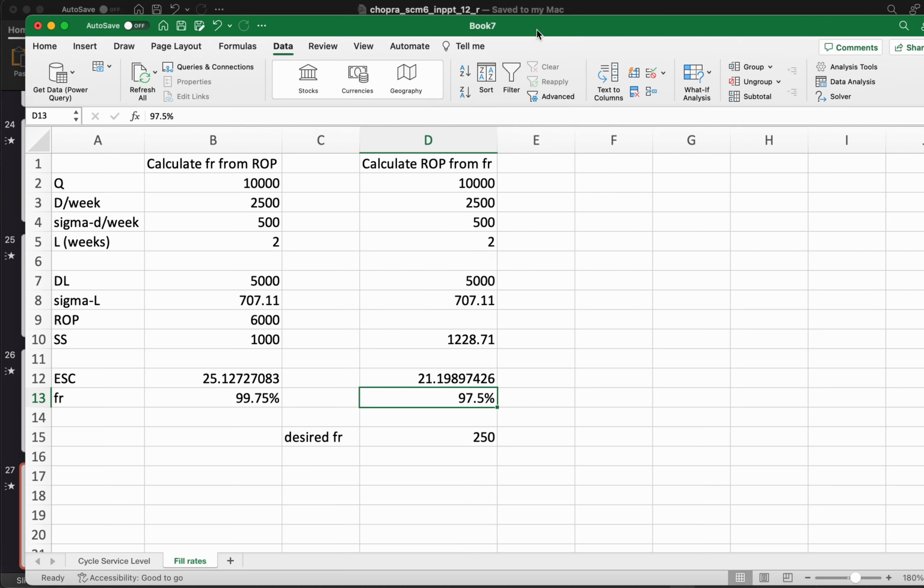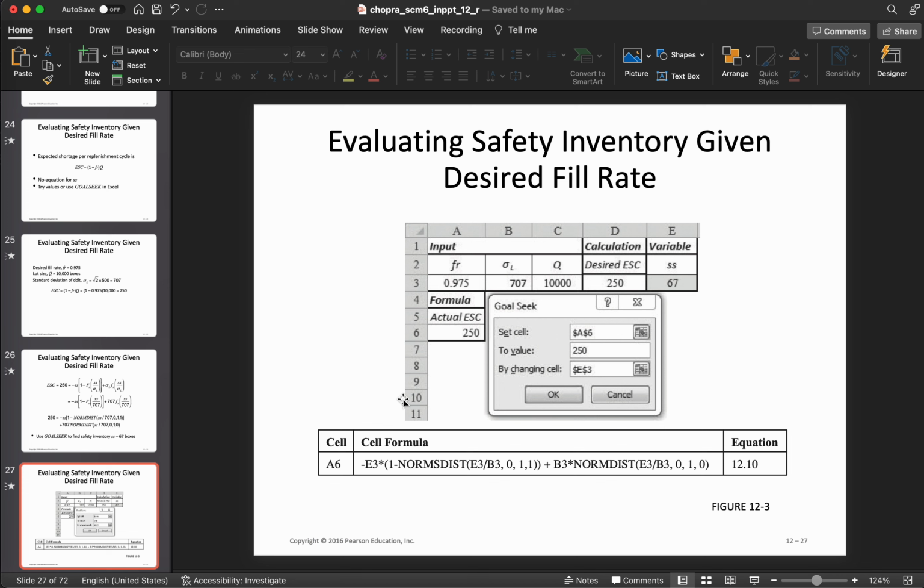For some reason it's not able to find the solution, but it really should. So you want the actual value of ESC, so you write the same formula that we wrote before.